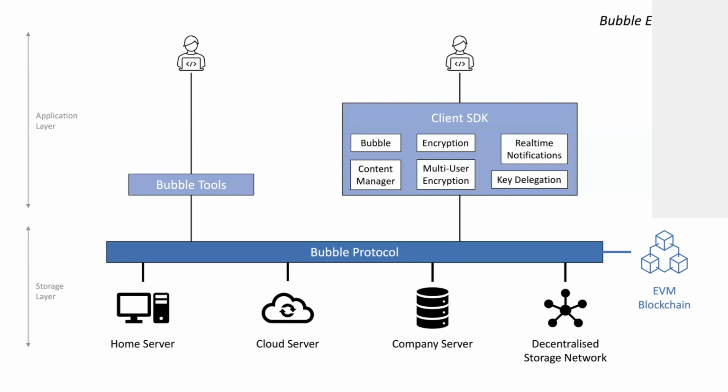The SDK has a client and a server part. The server part is for people to integrate the protocol into their storage systems. And the client part is what we'll be using throughout these workshops to build into our dApp. The client SDK is written in JavaScript, and it consists of various different classes and libraries.